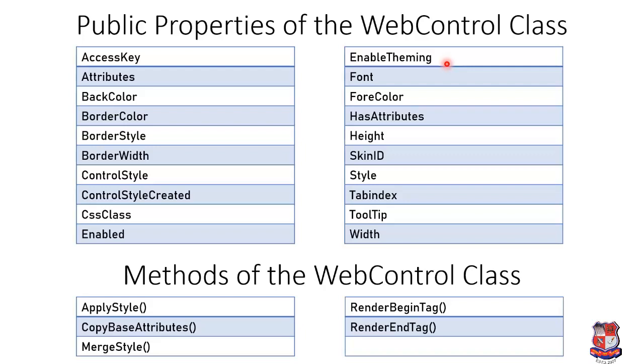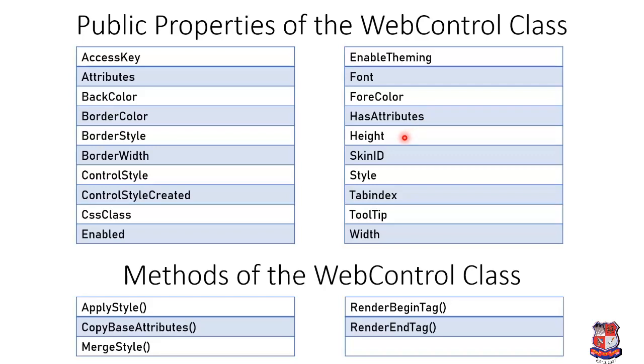Next is Font. It is used to obtain the font property associated with the web server control. Next is ForeColor. It is used to obtain the foreground color, which means the font color of the web server control. Next is HasAttributes. It specifies a value indicating whether or not attributes are set for the web server control.